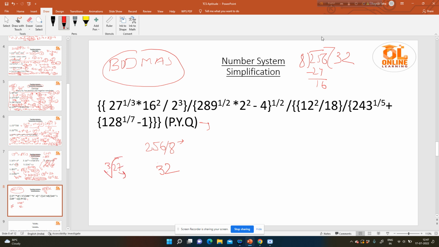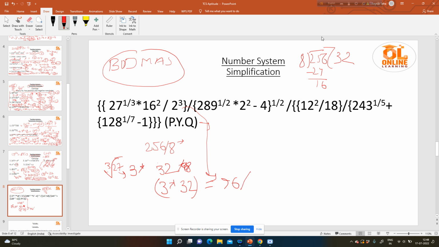Cube root of 27 is 3. So 3 into 32, that is 96. So this part is done, 96.